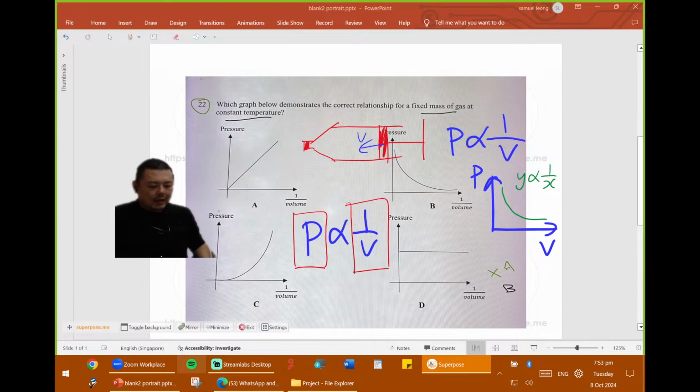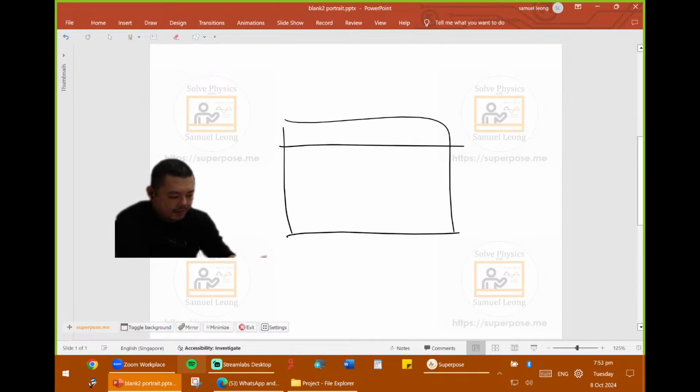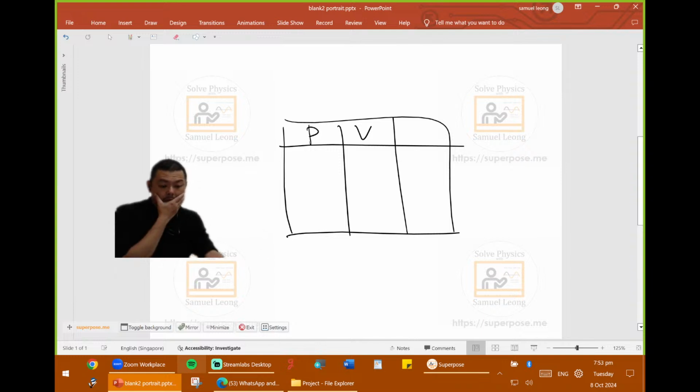But when is this important? Actually, this is quite important, especially when they make you plot a graph of P and V. If you plot P and V, you're always going to get a curve.